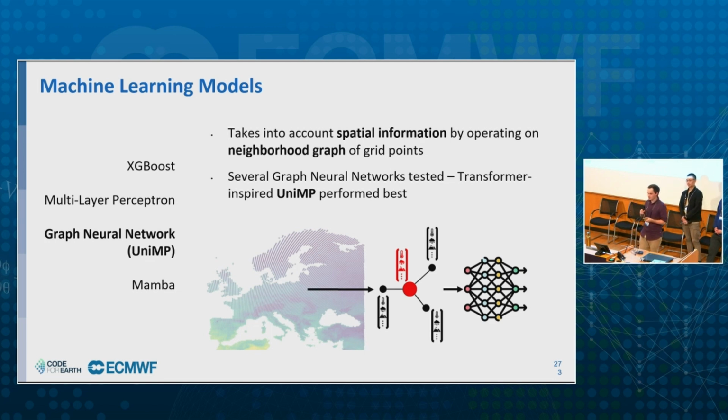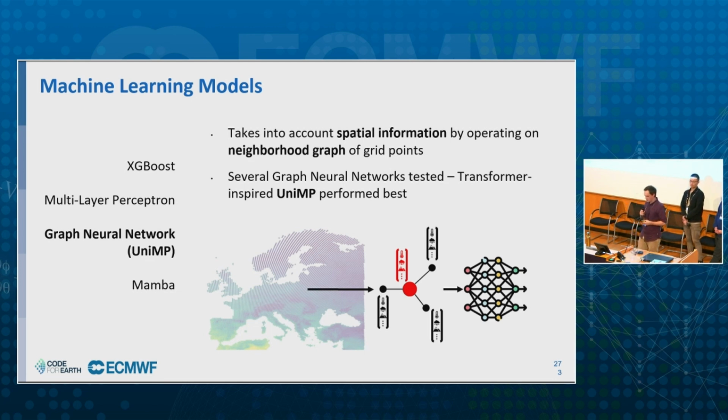Graph neural networks, as their name suggests, operate on graphs rather than individual data entities. So this enables us to also incorporate some spatial information into the network architecture. Throughout the network architecture, neighboring grid cells are able to communicate, and we were hoping that this would improve the network capabilities.